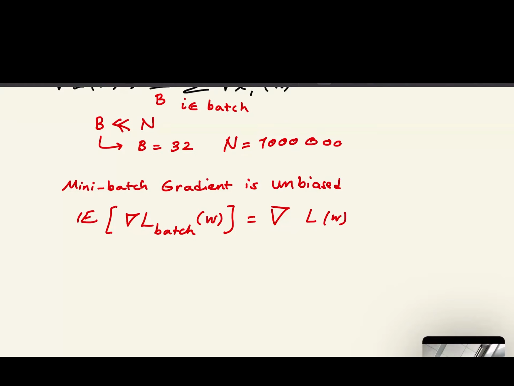A thing that can deviate from the theoretical proof is that we randomly sample each example, but we are not putting it back. This is not sampling with replacement.